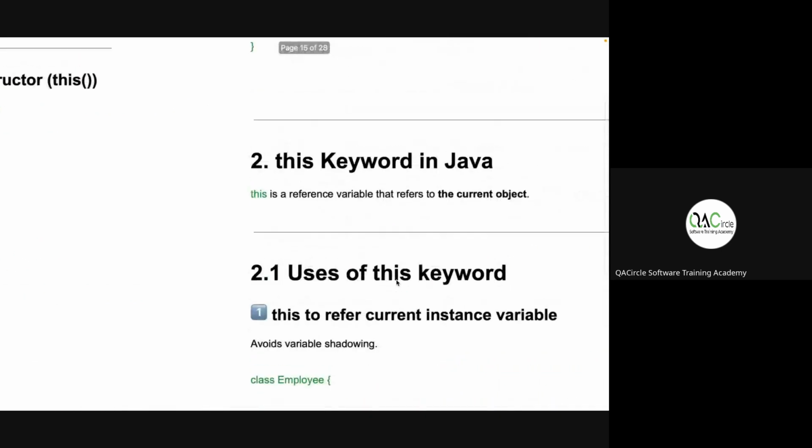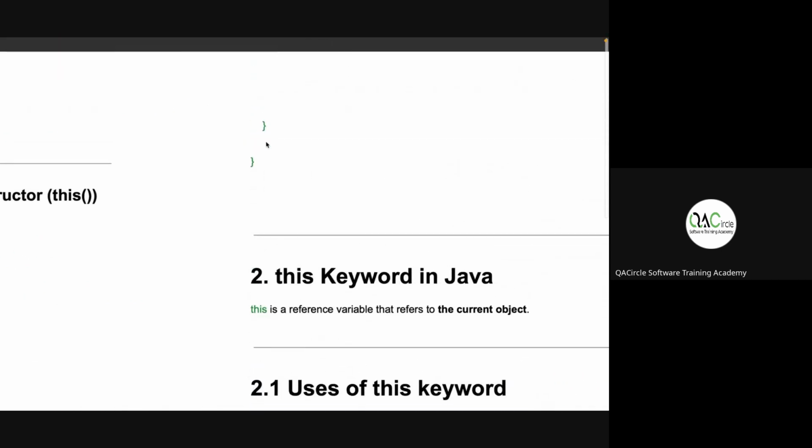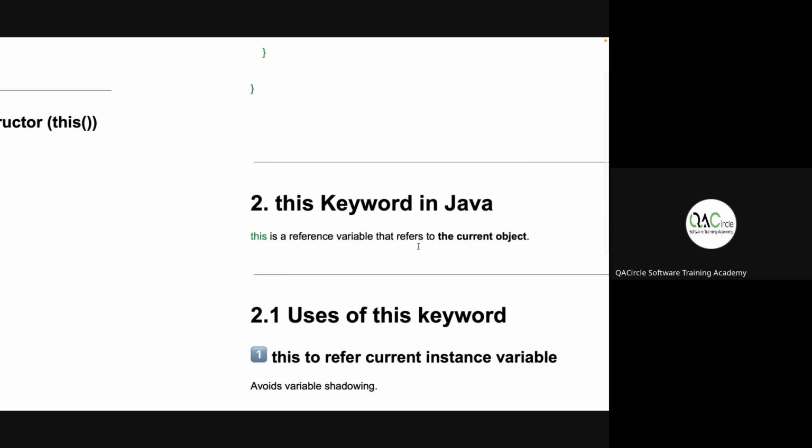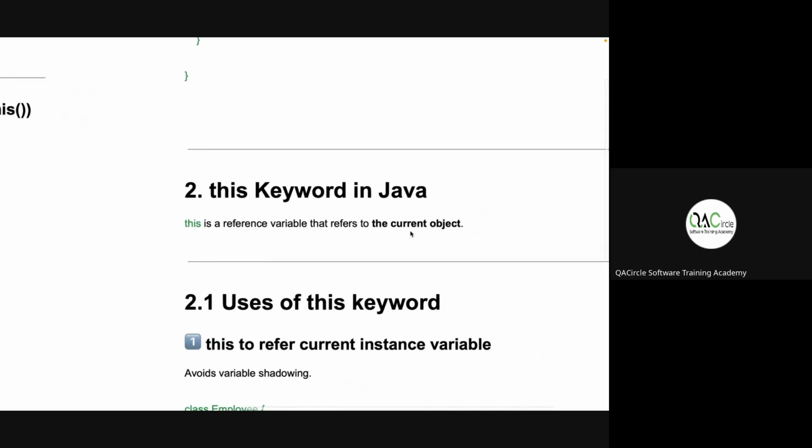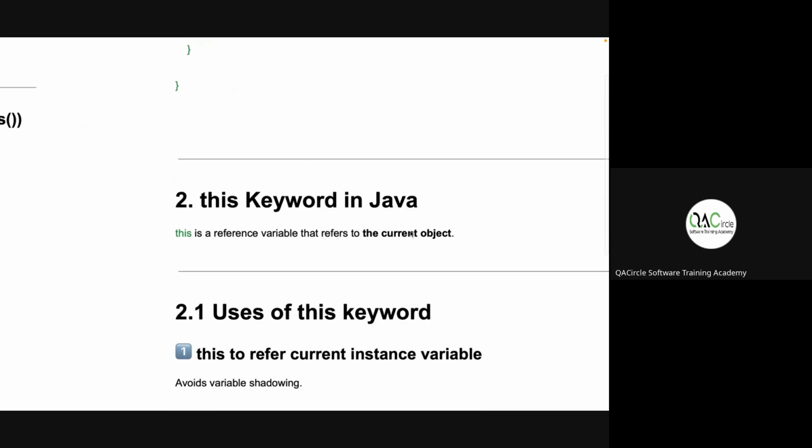Let's start with the this keyword in Java. Just write the heading: this keyword in Java. That's it.